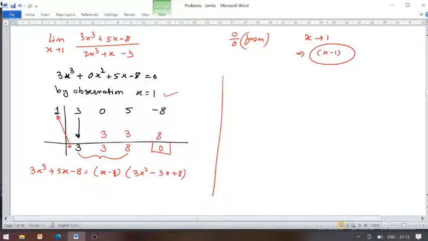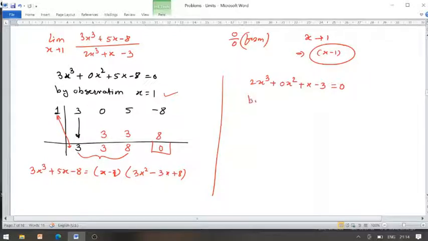Now for the denominator, you might consider again 2x cube plus, there is no term for x square, so the coefficient of x square is 0, plus x minus 3, equal to 0. So you may consider it as a cubic equation for finding its factors.